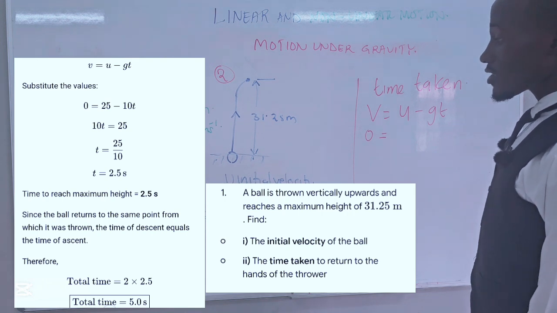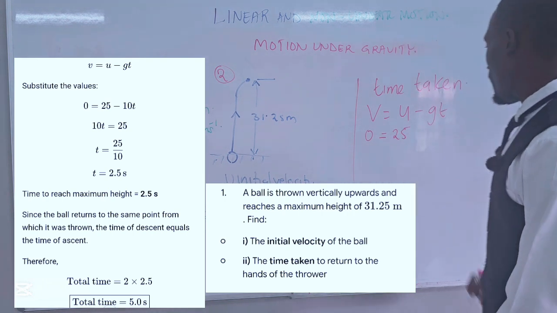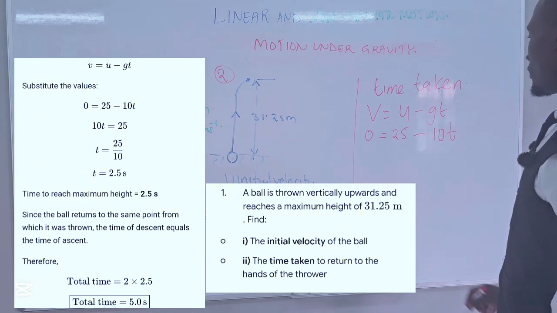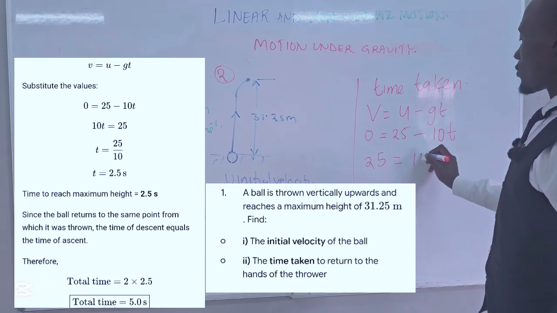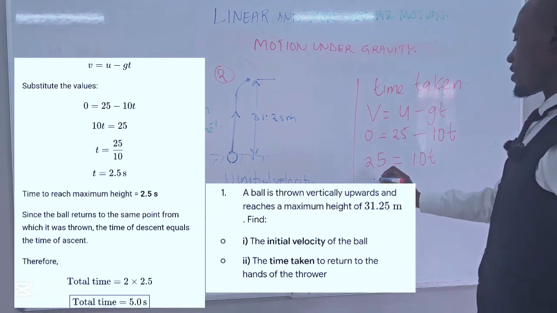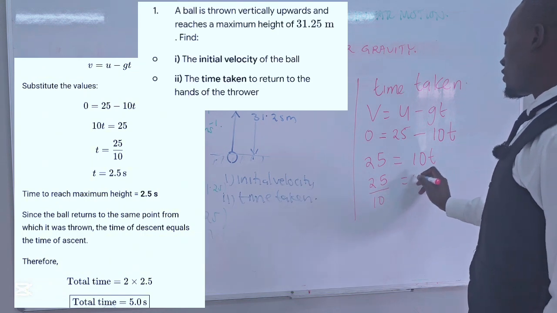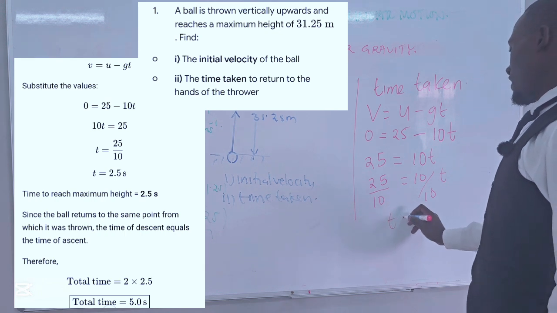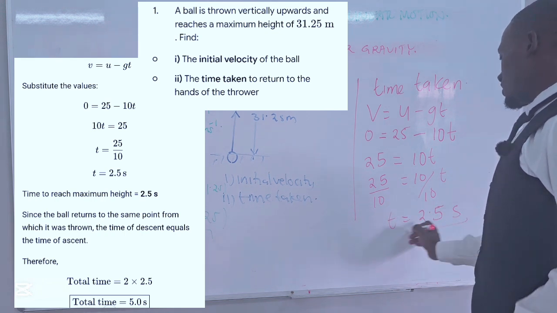The initial velocity, I've already got it as 25, minus 10 times t. So this becomes 25 is equal to positive 10t. I've taken this over to the other side. So I can divide throughout by 10, and I can have my time as 2.5 seconds.